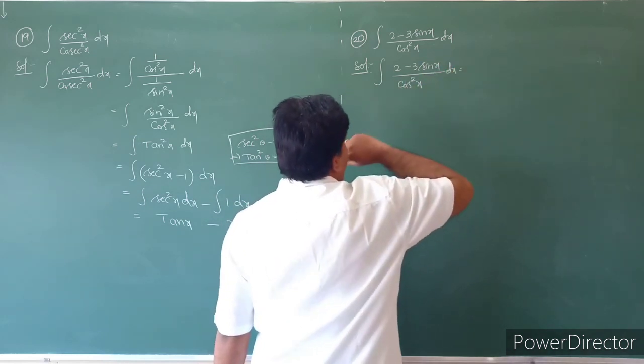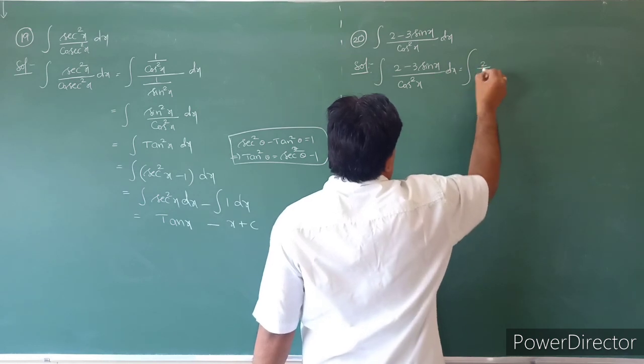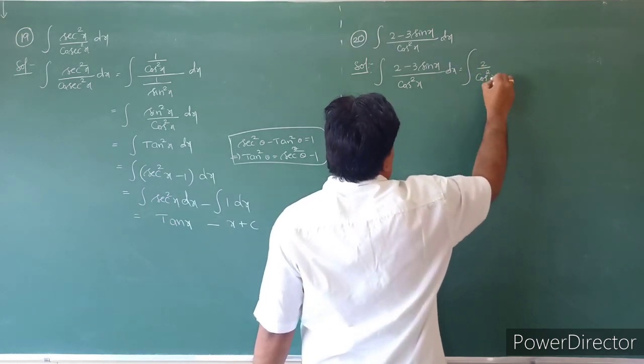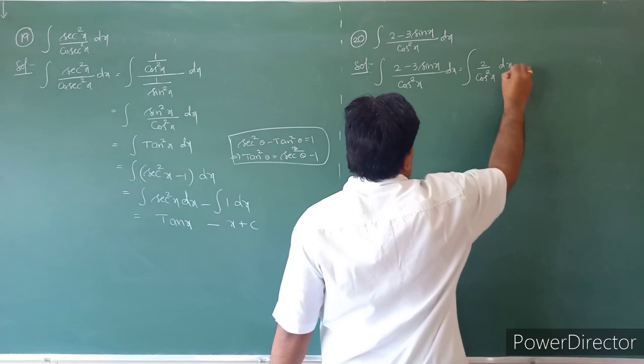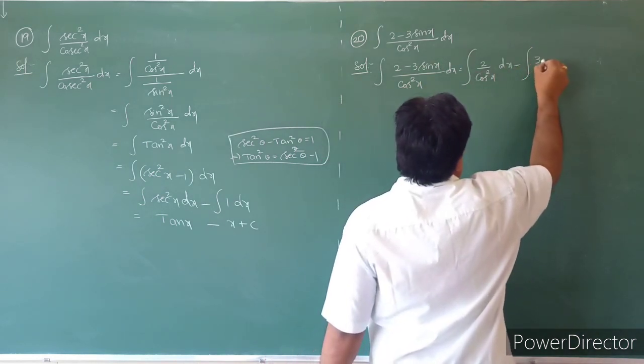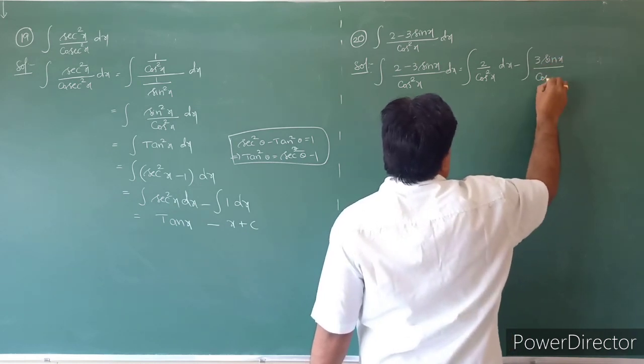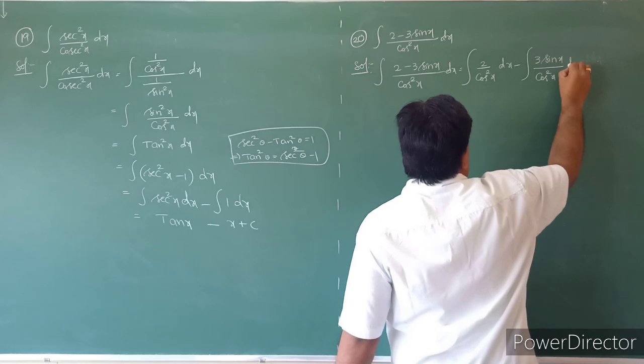So I will separate the terms here students. Integral of 2 by cos square x into dx minus integral of 3 sin x by cos square x into dx.